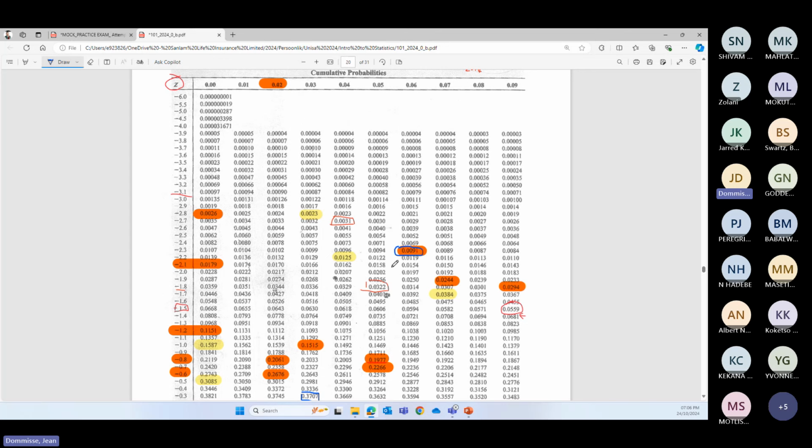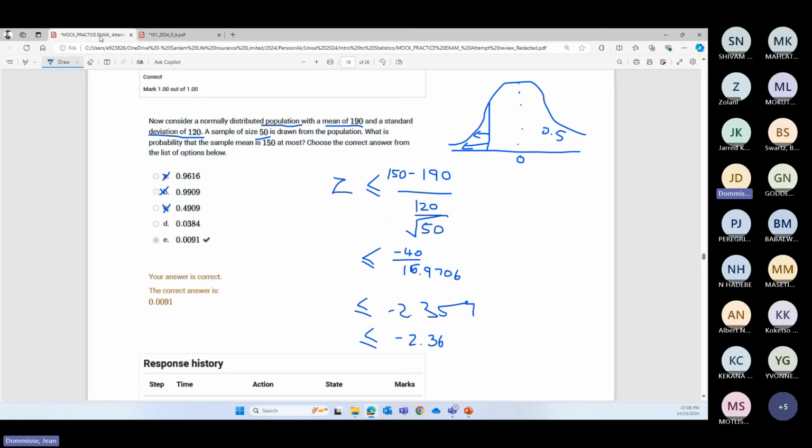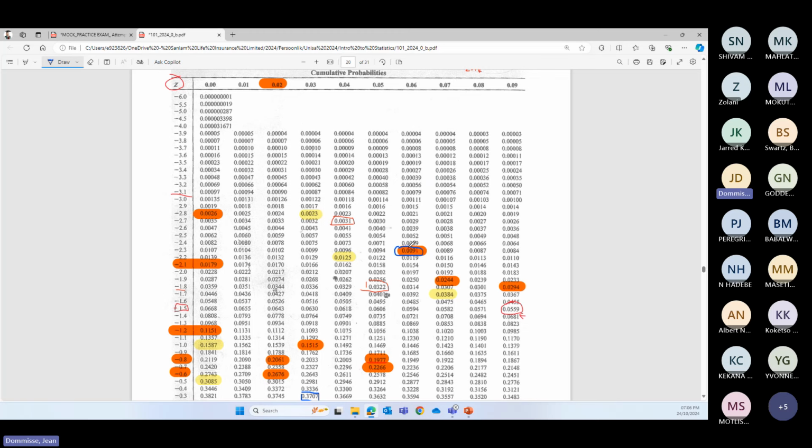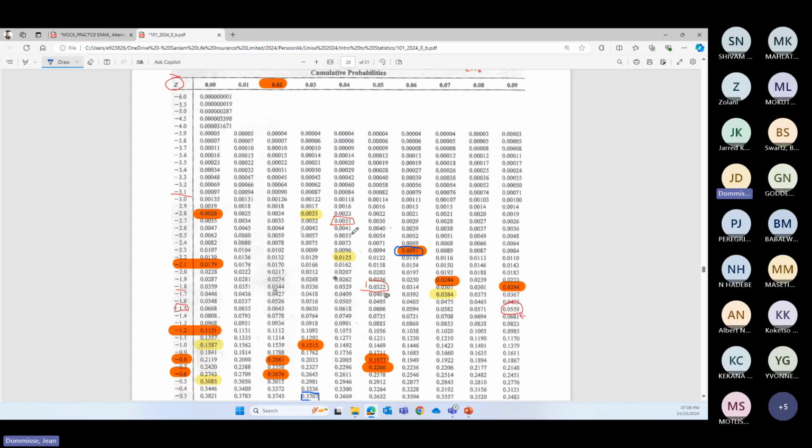So minus 2.36 we're looking for, and you should make sure it is 2.36. So it is 0.0091. As you can see, I can't remember all of these, but now suddenly you see we have looked at it sometime this year in one of our exercises.